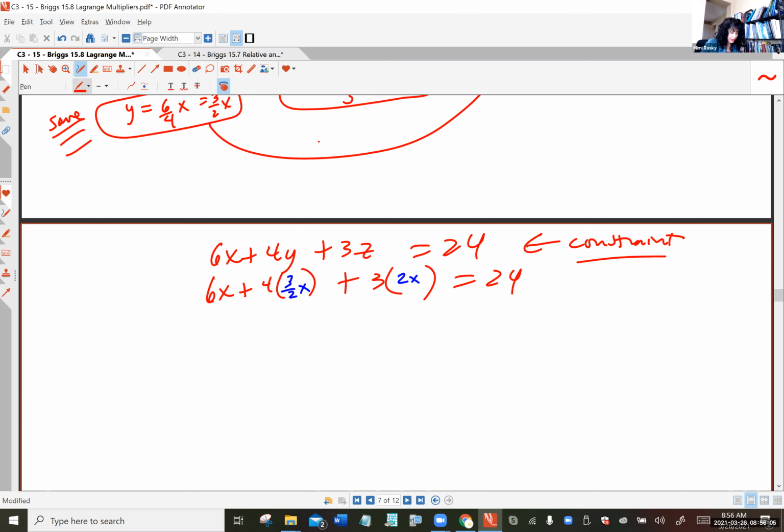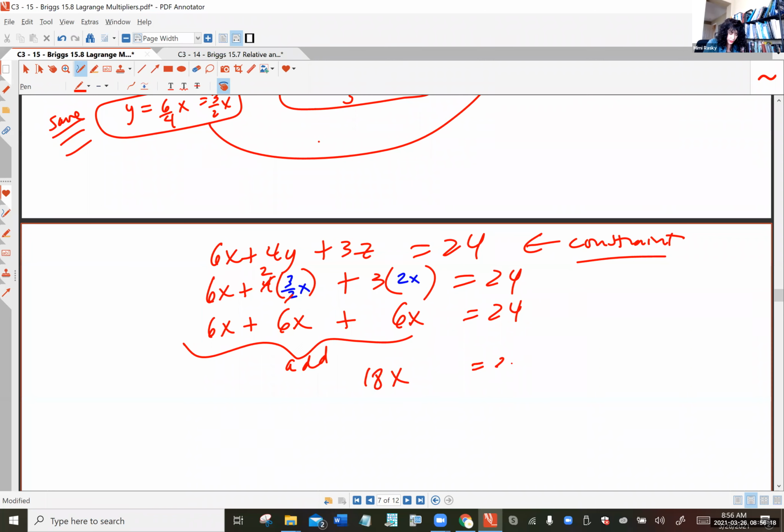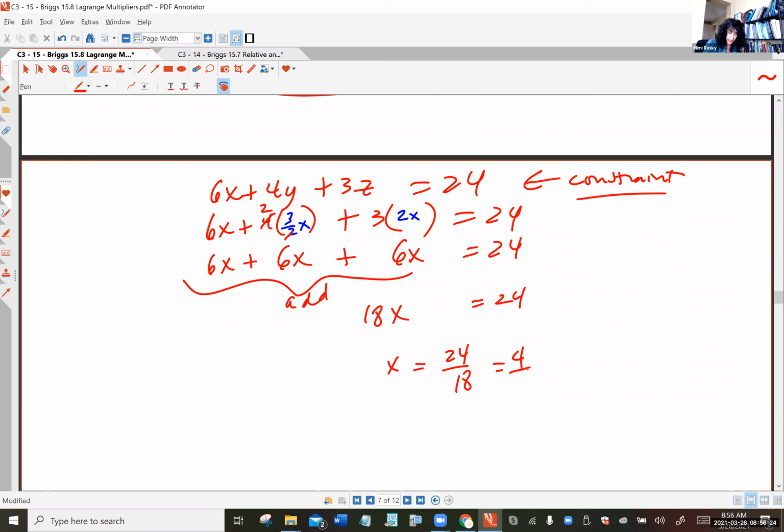Then what? Well, let's see what happens here. I get 6x plus, and I'll reduce here, that's a 2. Ooh, that's another 6x. That's a 6x. Oh, cool. So now you can combine these like terms, and I get 18x is equal to 24.